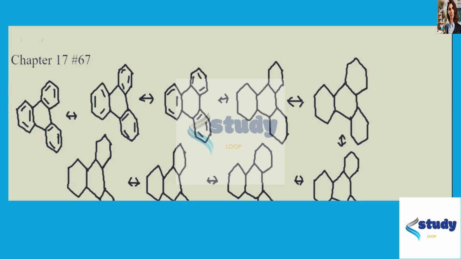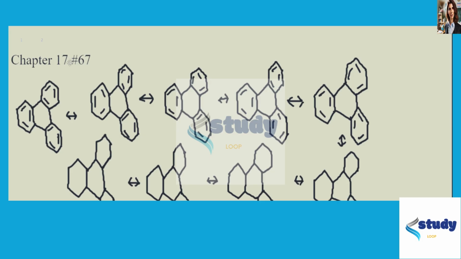Then for 4, we'll still be like this, and the top ring will have been changed back. And now we'll change this ring. So then for 5, we'll have this.